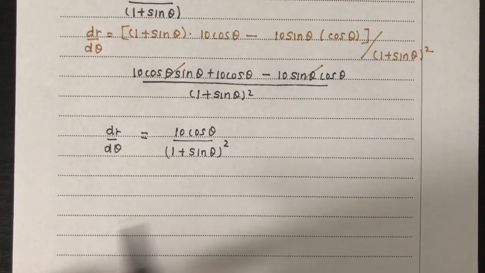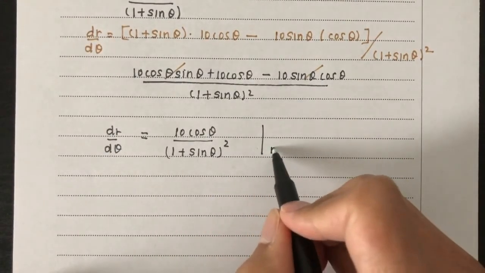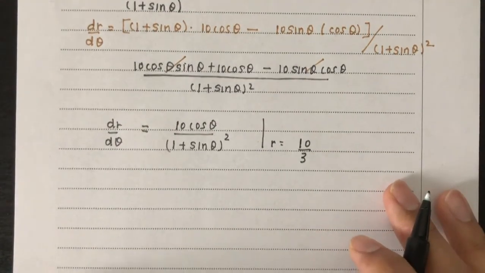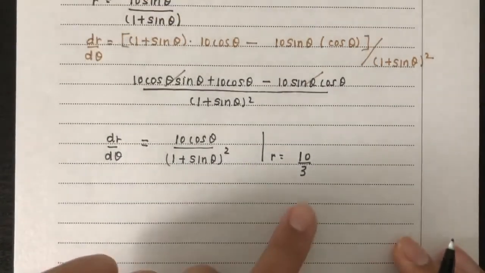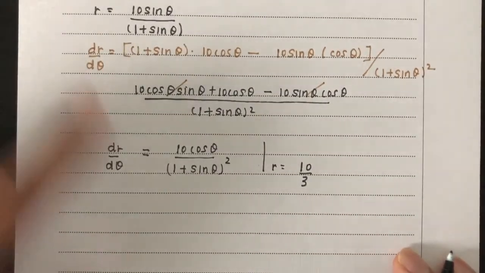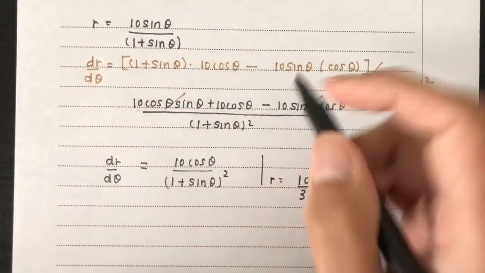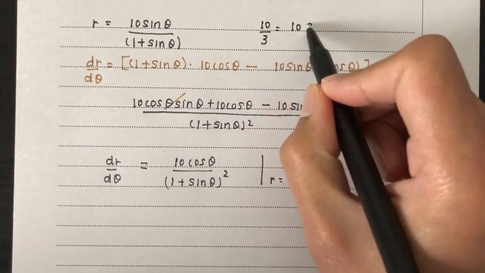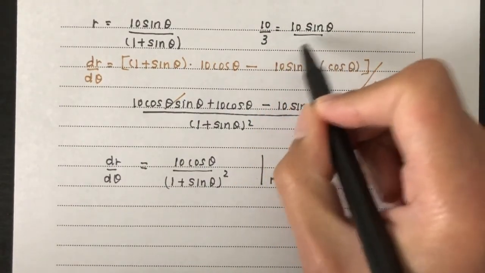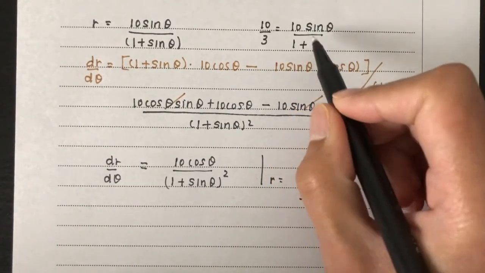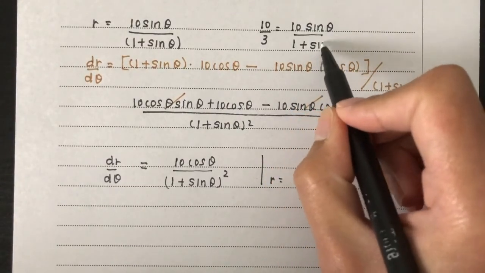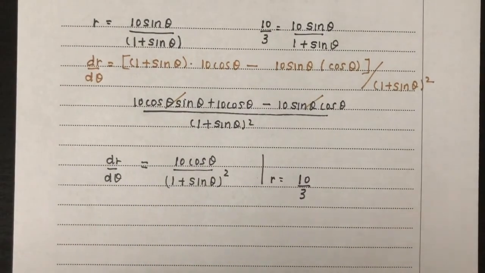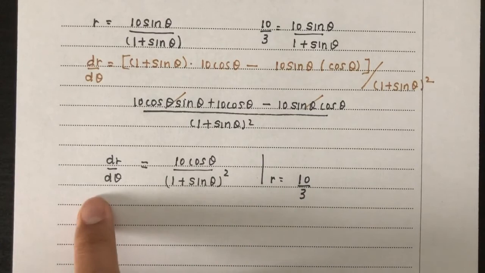Now we have to find this value when r is equal to 10 over 3. So let's see this equation. When r is equal to 10 over 3, we have 10 over 3 equal to 10 sine theta over 1 plus sine theta. Now we just have to find the values of those two to substitute and find this value.